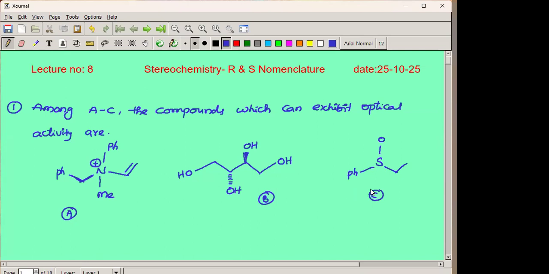So which molecule shows the optical activity? C, sir. A and C. Right. B, sir.